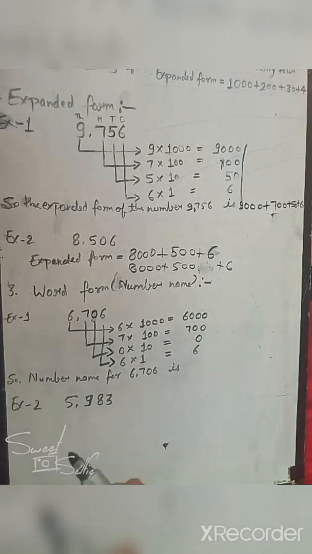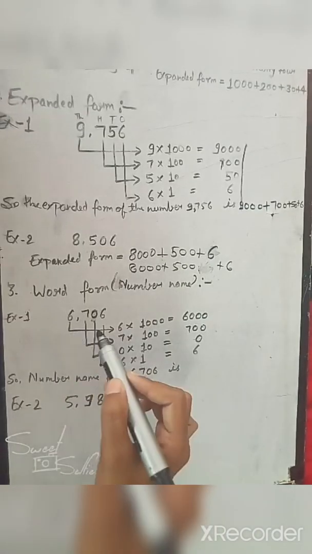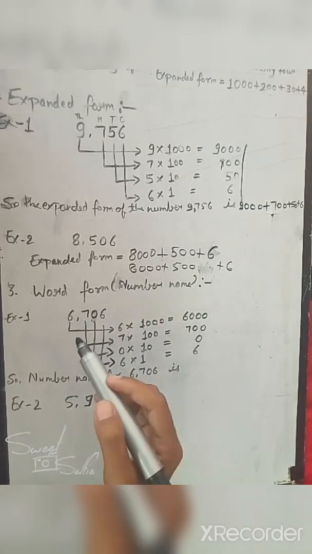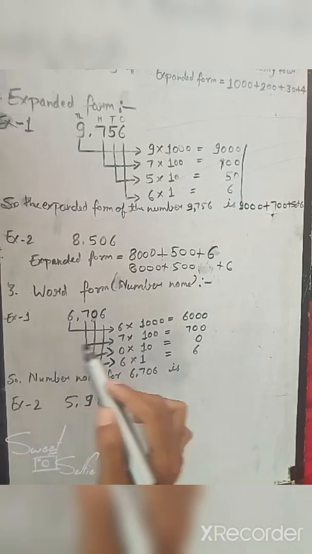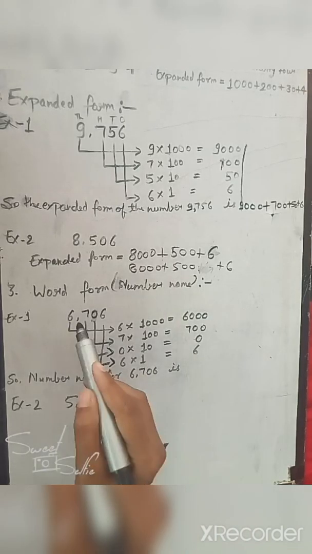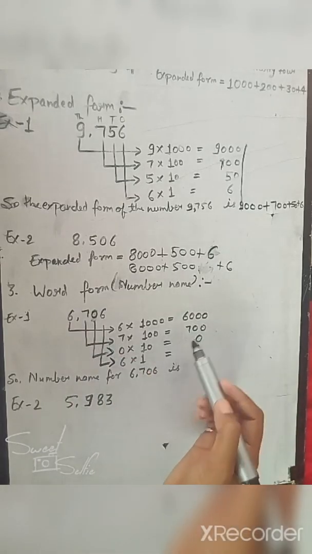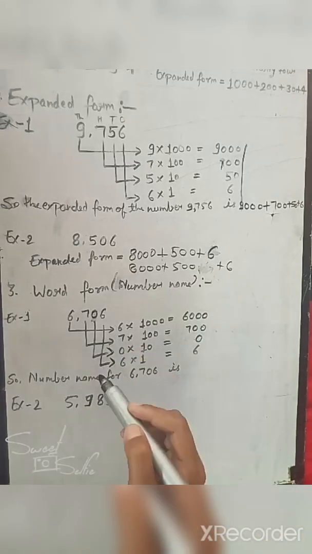Now see the solution of this question: 6706. We have to write it in word form. Firstly, we will find the place value of these digits. The place value of 6 is 6000, 7 is 700, for 0 it is 0, and for 6 it is 6.